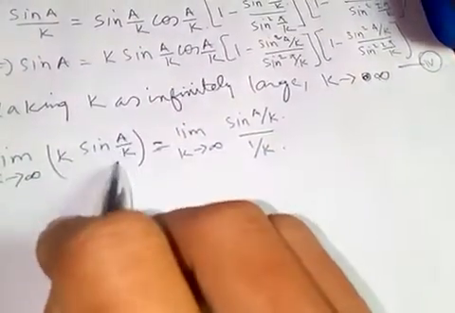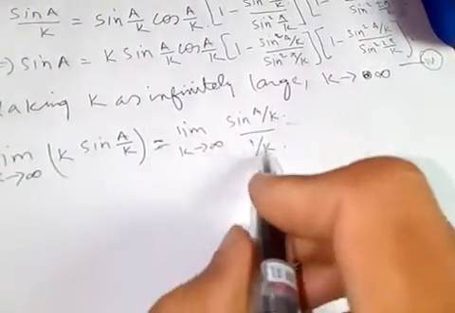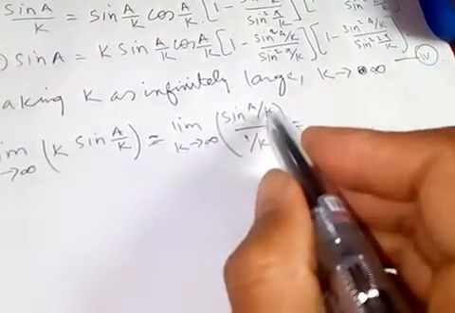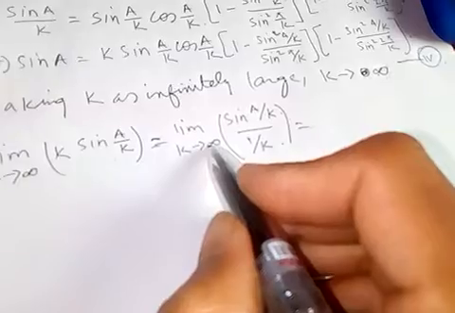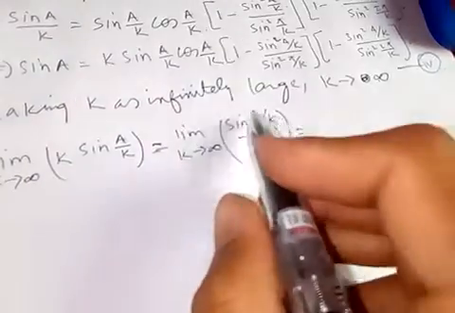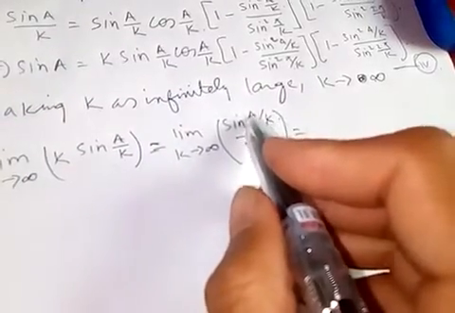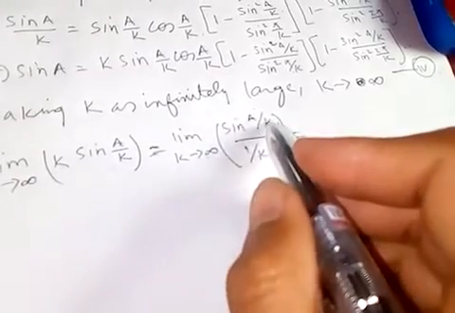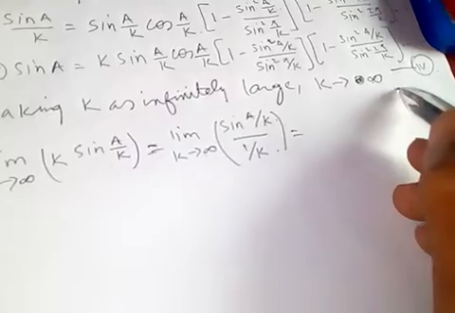If you put infinity here, since infinity means a large number, this a is treated as a small number. A small number divided by a large number will be approximately 0.